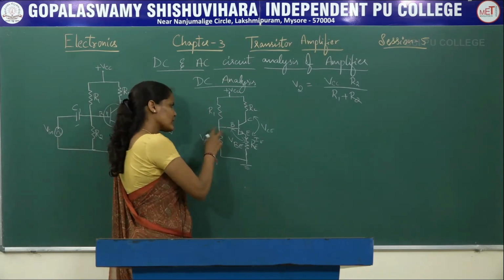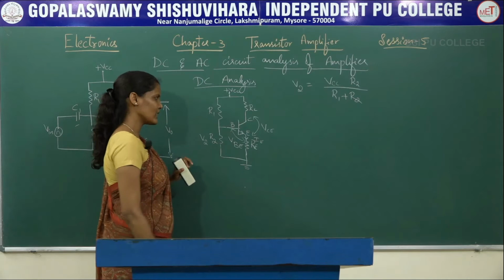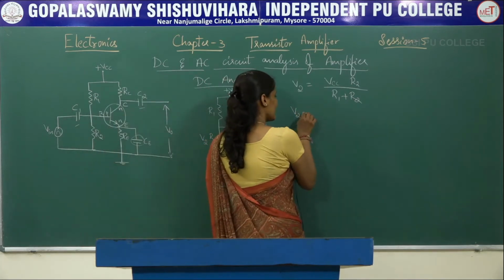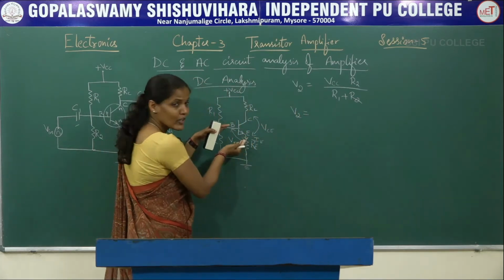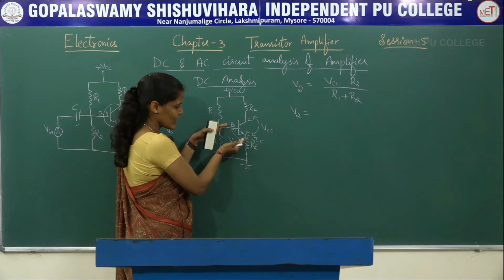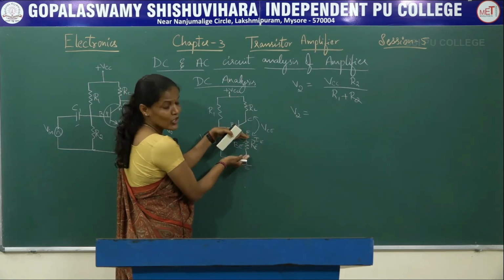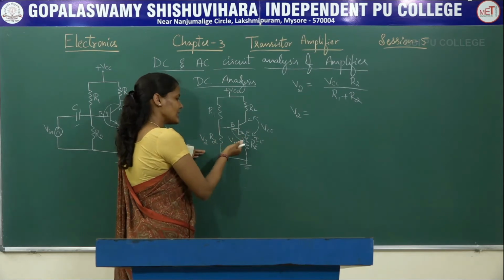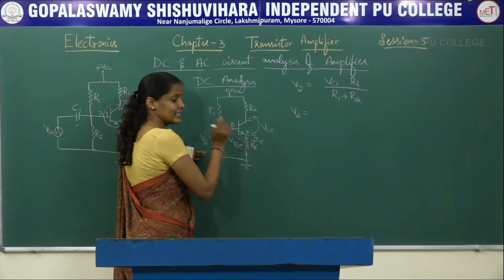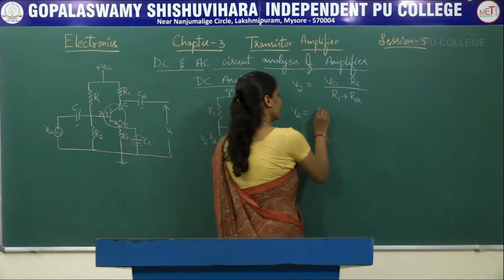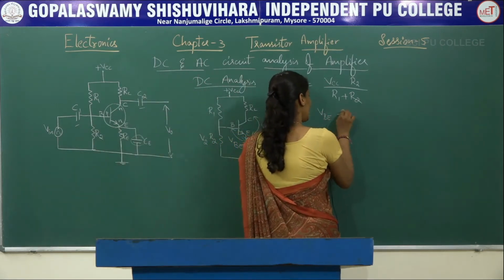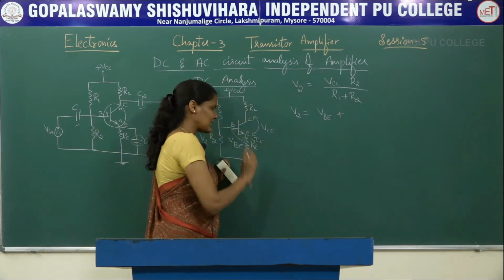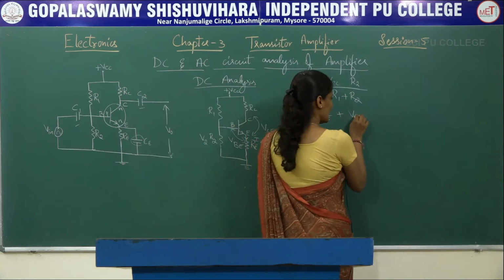And since V2 is forward biasing this base to emitter junction, V2 is equal to the voltage drop across the base to emitter junction and the voltage drop across this resistor RE. So V2 is equal to VBE plus the voltage drop across RE, let me denote it by VE.